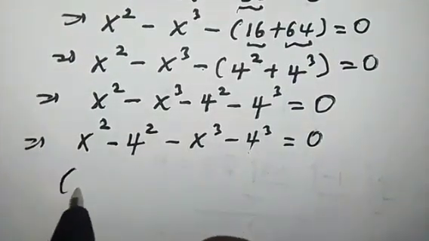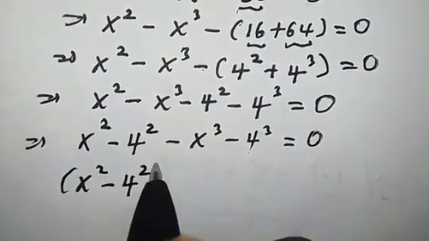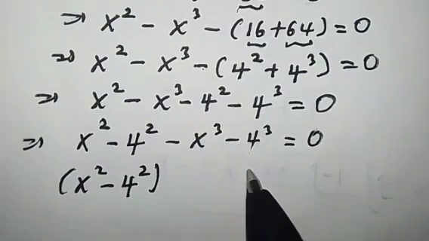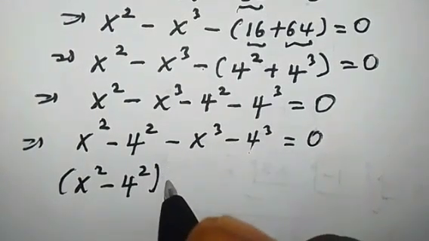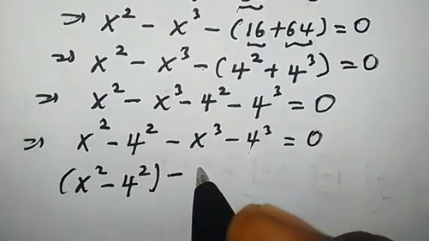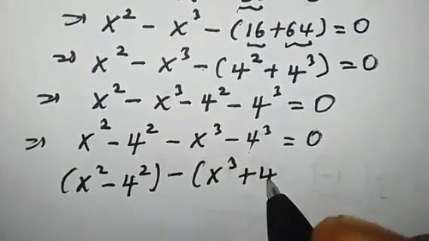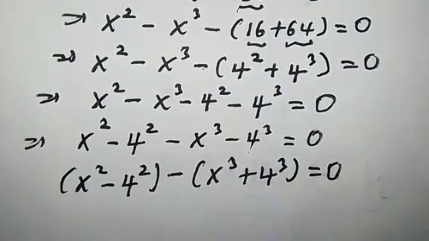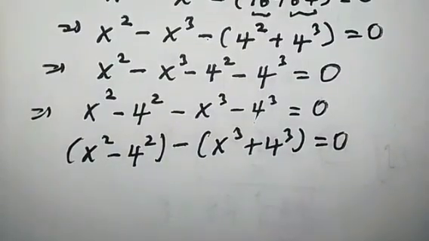So that will be x to the power of 2 minus 4 to the power of 2. Now, to put these two guys in brackets, we need to factor out the negative sign. So that will be minus into x to the power of 3 plus 4 to the power of 3 equal to 0. Let's continue.